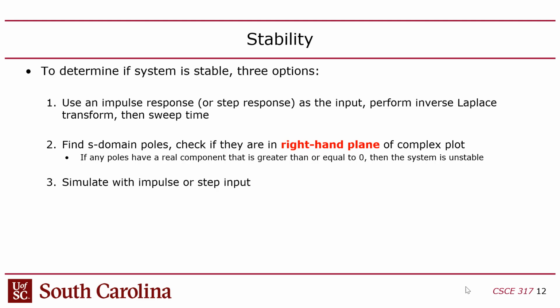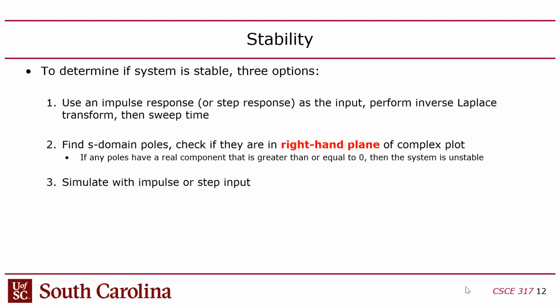But one way to check for stability is to hit the system with an impulse on the input. An impulse is an input of 1 at time 0 and 0 everywhere else. So it's literally an impulse. It's almost like you take something and you whack it with a hammer, essentially.